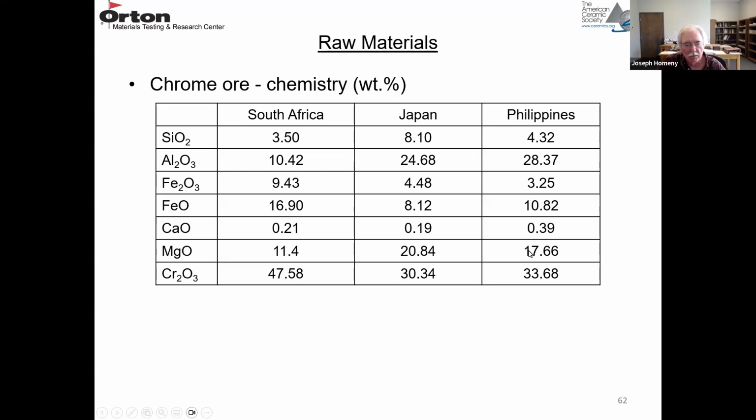MgO is another major component. FeO, Fe2O3, Al2O3, and SiO2. So they're all present. And this one shows a small amount of lime, CaO. So it's a pretty complex raw material. Again, it's less than 50% Cr2O3, and you've got MgO, FeO, Fe2O3, Al2O3, and SiO2 present.